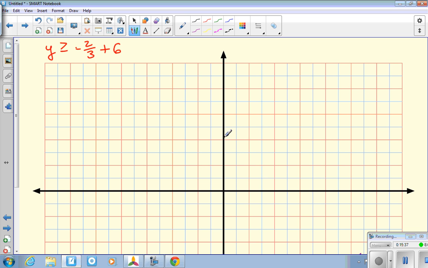So up to 6, which is right here, then go down 2, right 3, that's down 2/3. And then because this is greater than or equal to, remember the equal to underneath means we want to use a solid line.